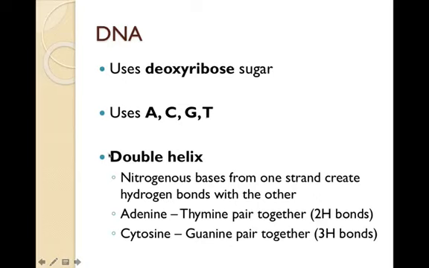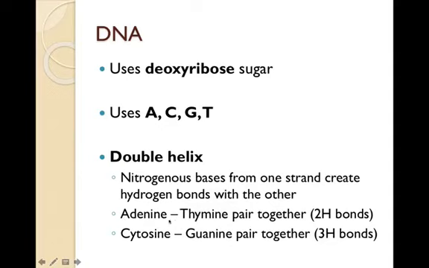The other thing with DNA is that it forms a double helix structure. The nitrogenous bases from one strand hydrogen bond with the nitrogenous bases from the strand beside it. There are only certain base pairs that can happen.